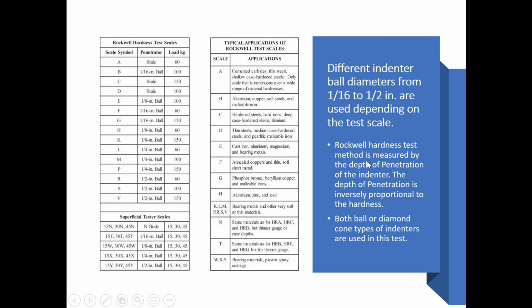Rockwell hardness test method is measured by the depth of penetration of indenter. The depth of penetration is inversely proportional to the hardness. That means the more the hardness, the lower will be the penetration or indentation. Both ball or diamond cone types of indenters are used in this test.